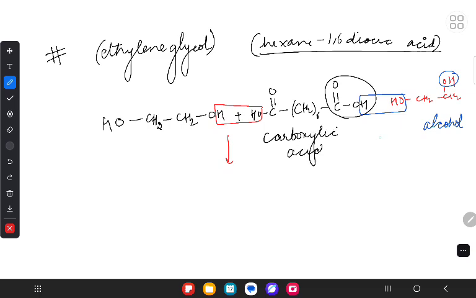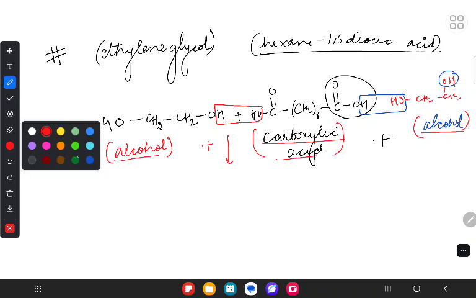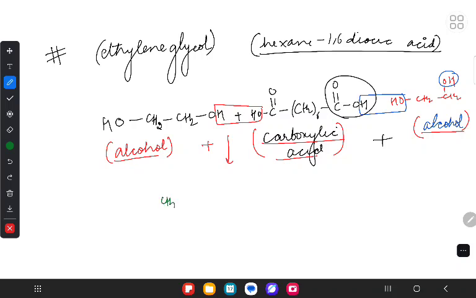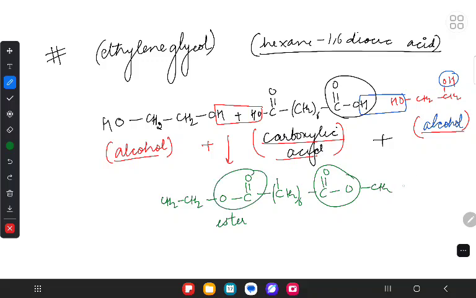So when carboxylic acid combines with alcohol, to form esters. So you look at this part, what do we have? We'll have this linkage repeating again and again. This linkage, this linkage. Yes or no?